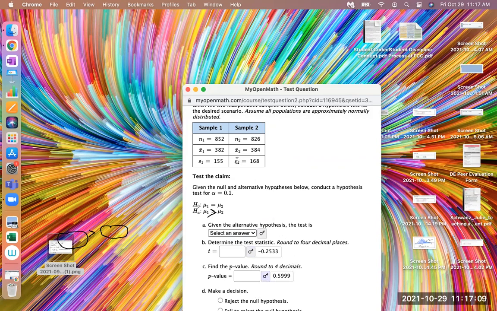Now, this is a problem that just kind of irks me a little bit. They were like, we're trying to prove that the mean of population 1 was larger than the mean of population 2, like the actual mean of the entire population, not just the mean of the sample, right? But then they're like, here's my evidence to support the fact that I think population 1 has a bigger mean.